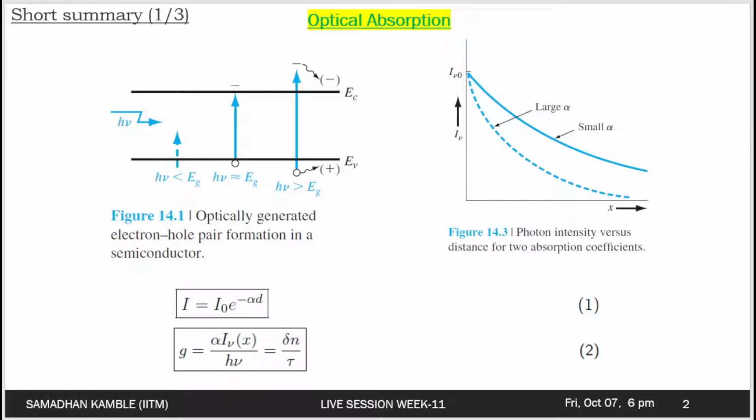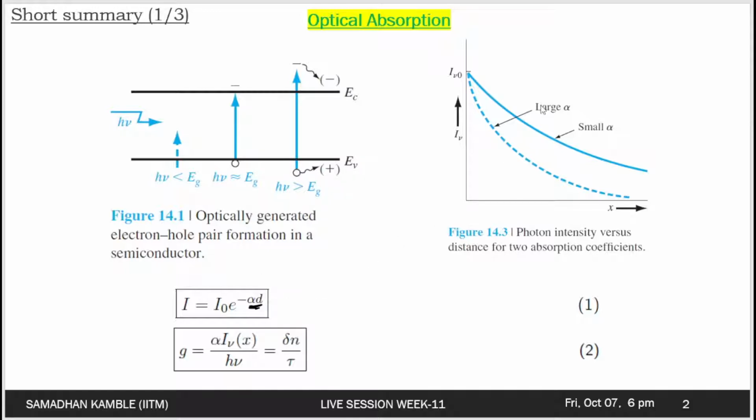So when a photon of sufficient energy is incident on a slab, its intensity falls exponentially with two parameters of interest. One is alpha, which is the absorption coefficient, and d is the thickness of the slab.